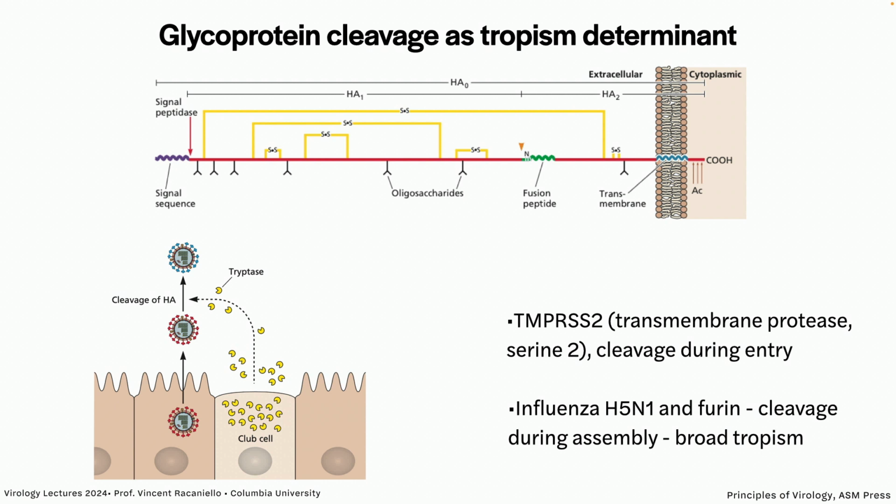It's a transmembrane protein, of course. And it has to be cleaved by proteases to liberate the N-terminus where the fusion peptide is. And that has to be cleaved to allow fusion when the virus gets in an endosome and the pH drops. The proteases that cleave the HA can regulate tropism of the virus.